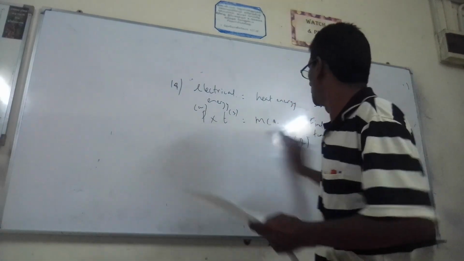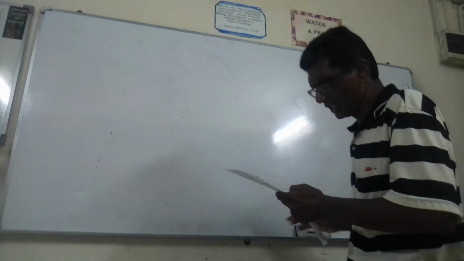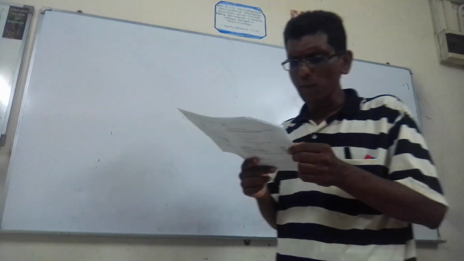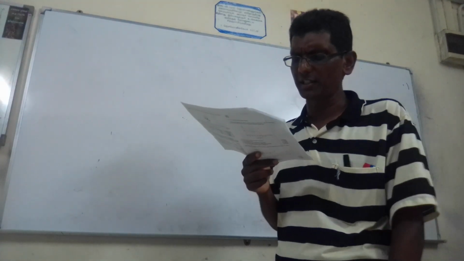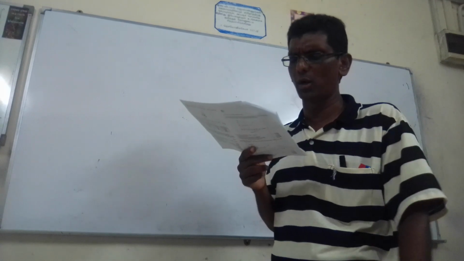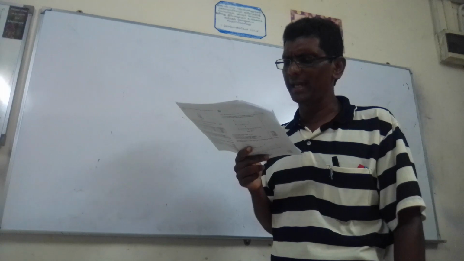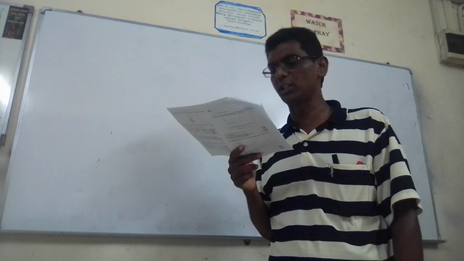Now we are going to do question number 18. 0.2 kg of water at 70 degrees Celsius is mixed with 0.6 kg of water at 30 degrees Celsius. Assuming no heat is lost, find the final temperature of the mixture.